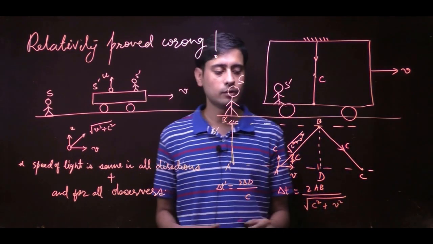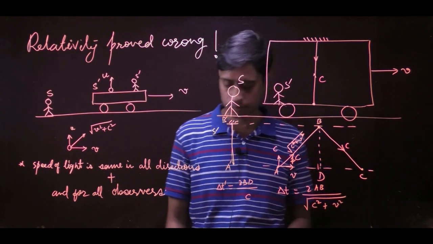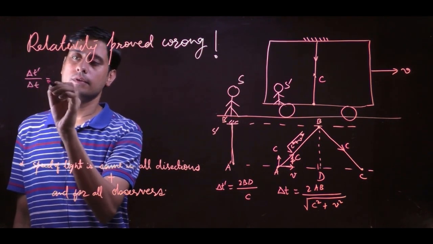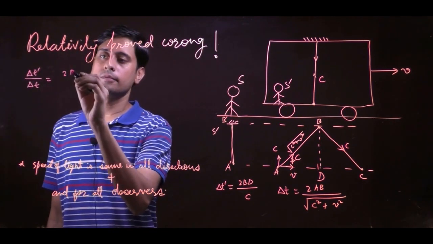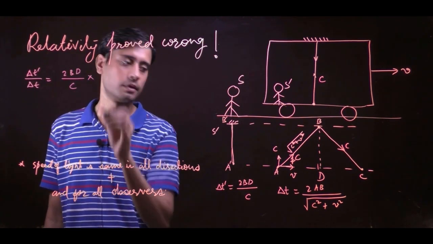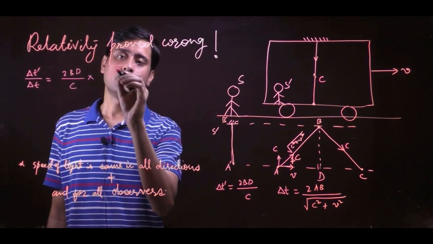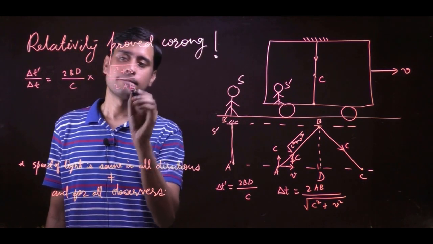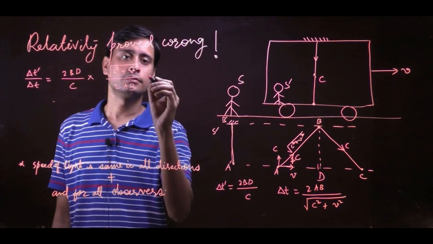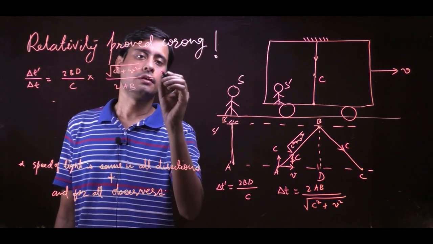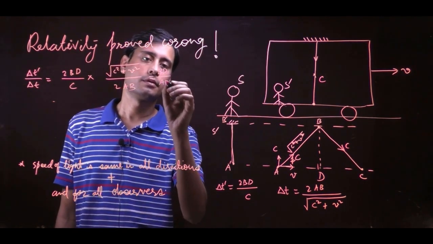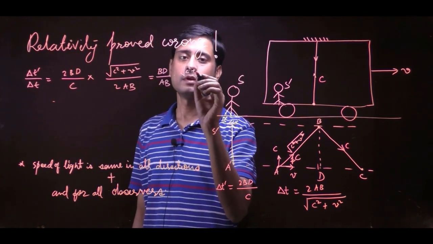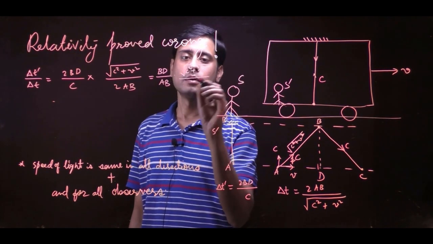Now we will calculate the ratio of these two time intervals. So delta t prime upon delta t will be equal to twice BD upon c, multiplied by square root of c square plus v square upon twice AB. Now this will be equal to BD upon AB into square root of c square plus v square upon c.